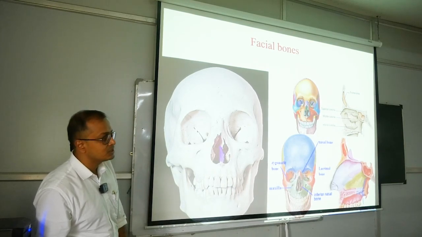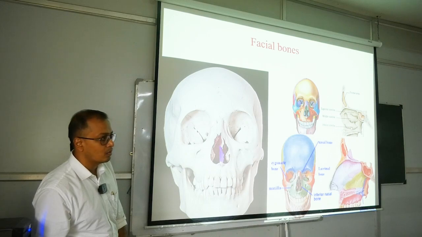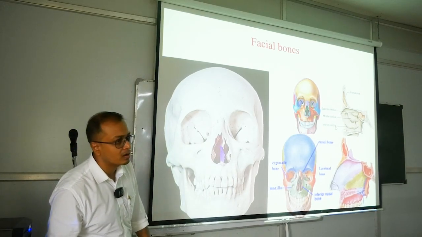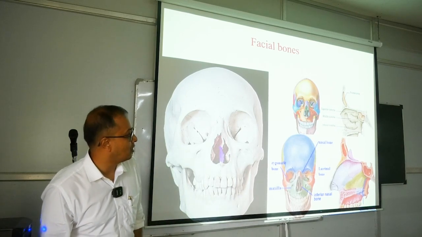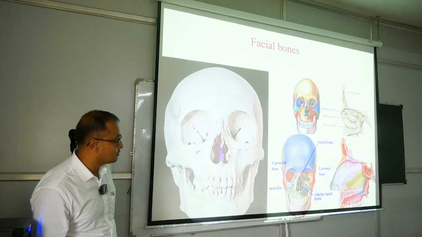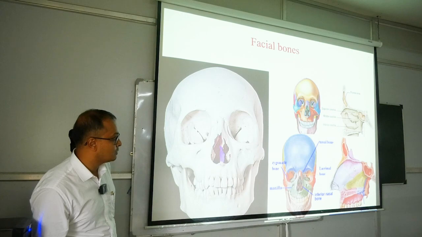Based on their positions, overhanging, we call them superior concha, middle concha, and inferior concha. The inferior is the largest one, which makes a remarkable contribution to the inner side of the nose. And then we have the lateral wall or nasal septum you are seeing here. This part of the nasal septum is bone, made up of this bone, one here and one here.